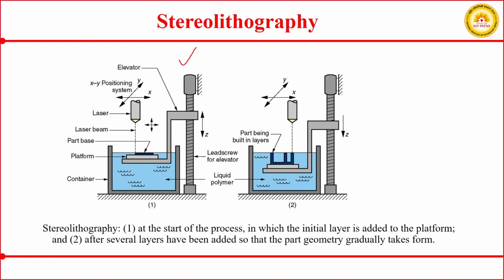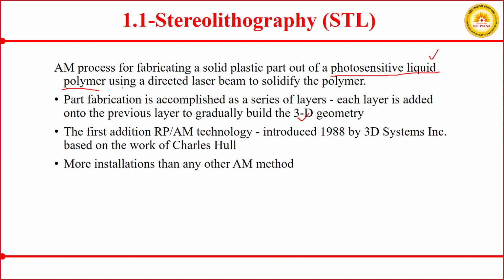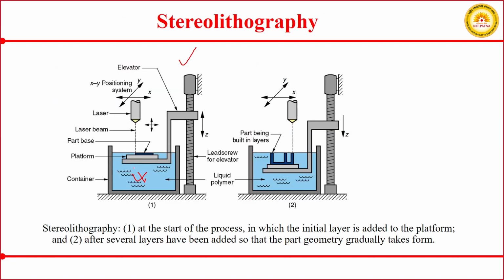So here we have a container, and in the container you have a liquid polymer, a liquid polymer that is photosensitive in nature. So if your laser beam strikes this polymer, it will get solidified.